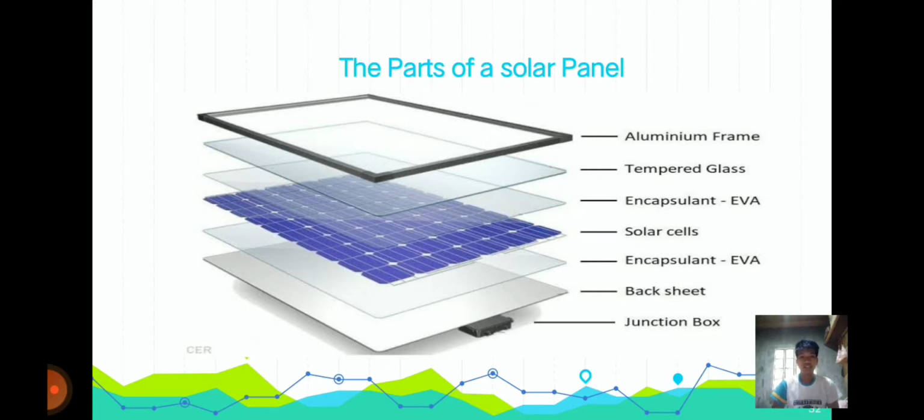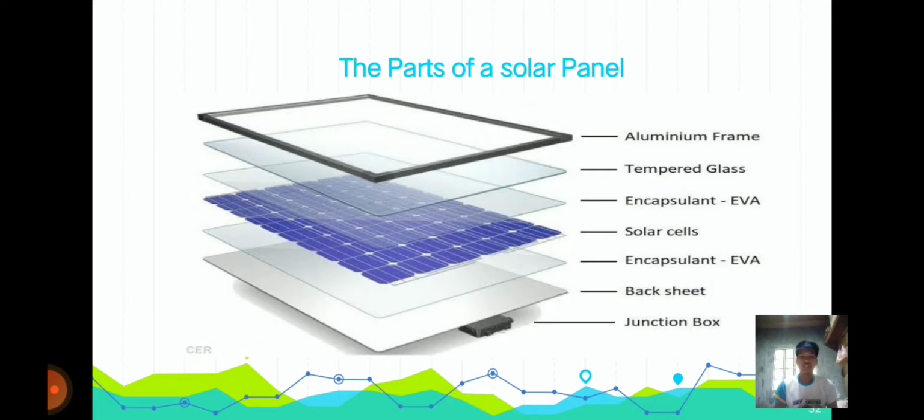And last is the backsheet. The backsheet is the rearmost layer of common solar panels, which acts as a moisture barrier and final external skin, so it provides both mechanical protection and electrical insulation.